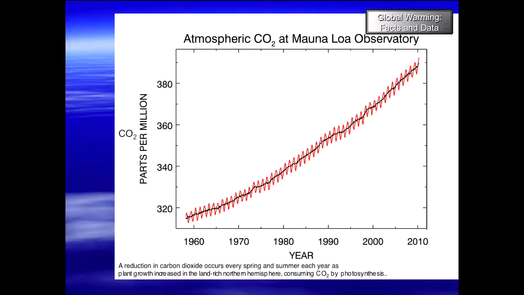North America, Europe, Asia, they're all in the northern hemisphere. And so the plants that are breathing in the carbon dioxide in the spring and summer dominate in the northern hemisphere. There's just more land mass and more plants, and hence the annual chugga, chugga, chugga.